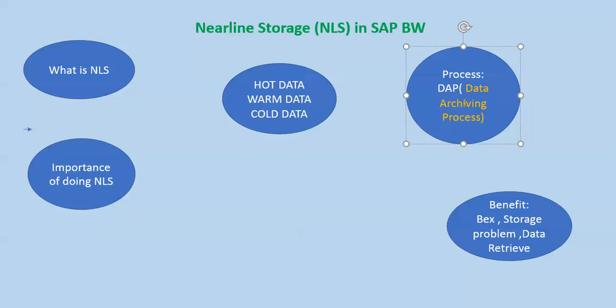What DAP does is make the connection between your hard disk and the other storage, the nearline storage. It works as simply as your DTP: it transfers the data from your hard disk to nearline storage like Sybase IQ.